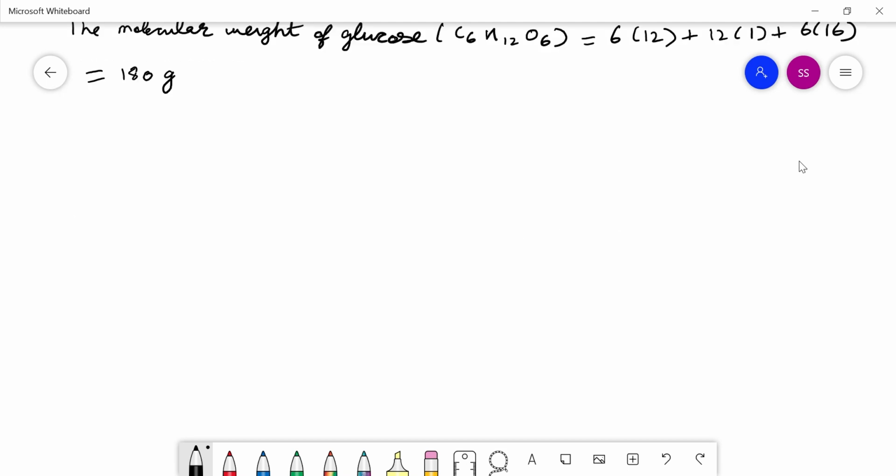इसके बाद हम कैलकुलेट करेंगे नंबर ऑफ मोल्स ऑफ ग्लूकोज जो होगा गिवन मास बाय मोलर मास, यानी 0.625 grams divided by 180 grams per mole.